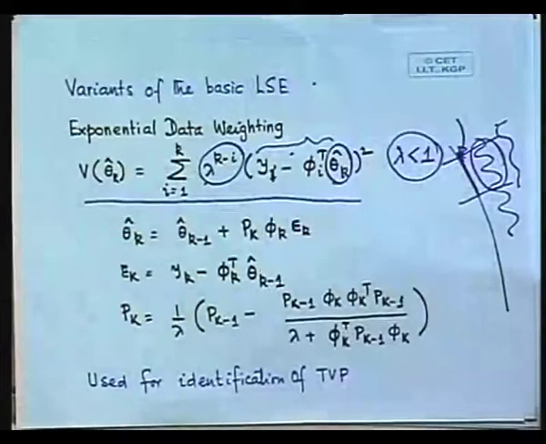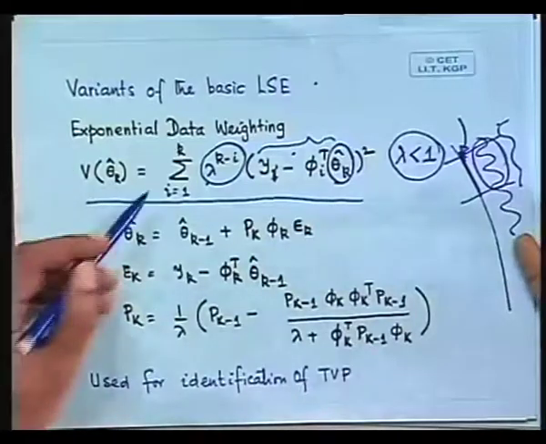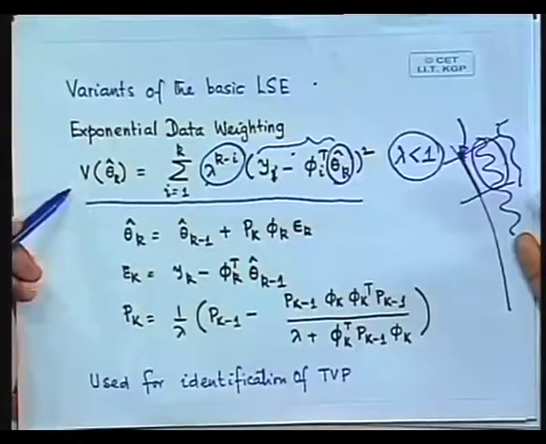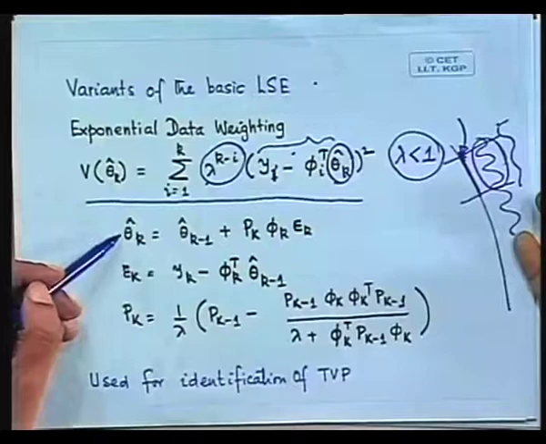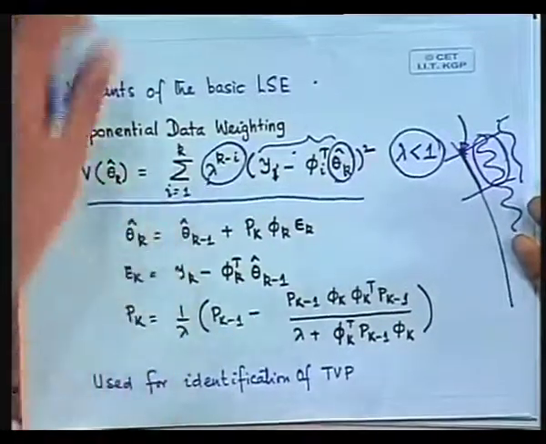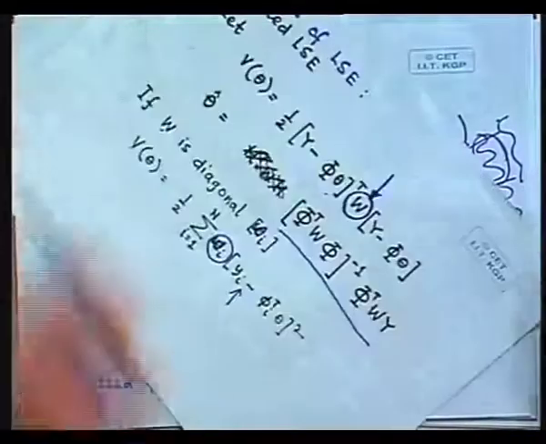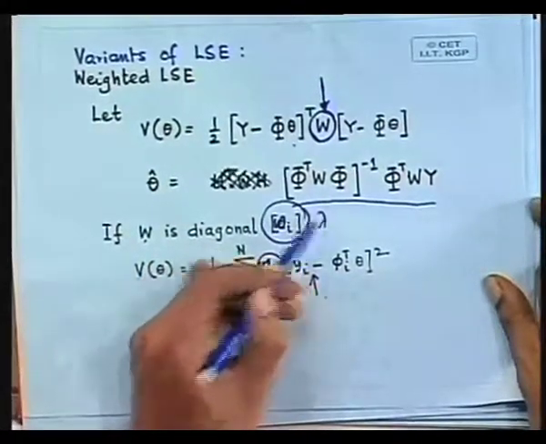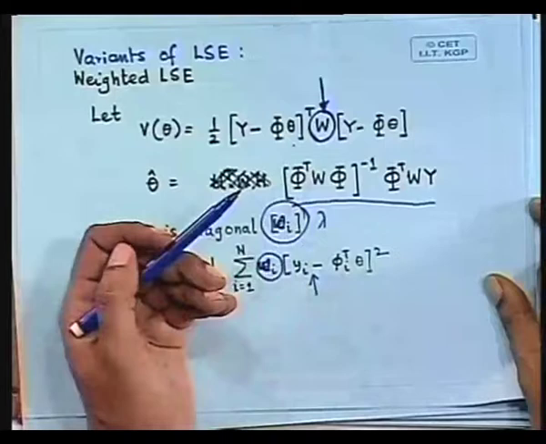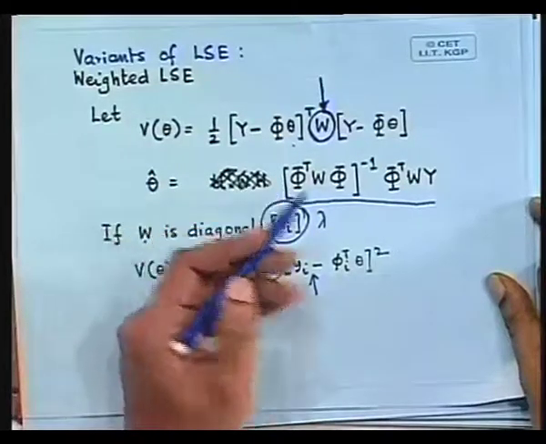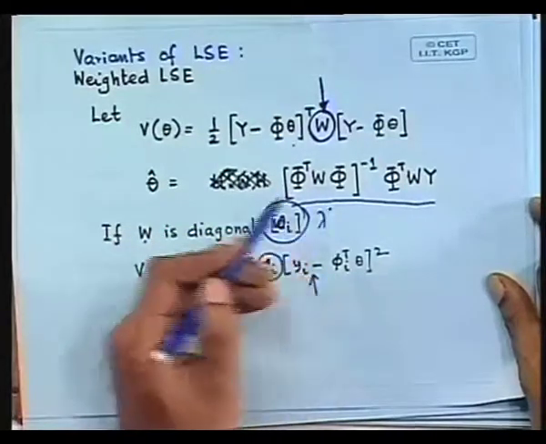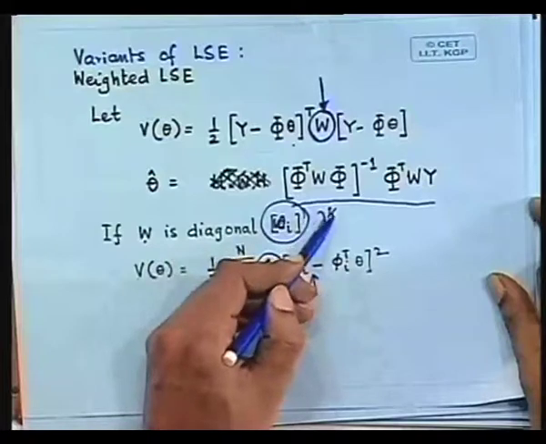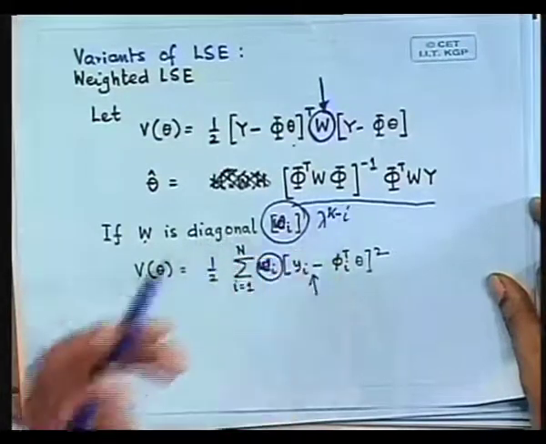So now if we formulate this, then it's again simple. You can just again differentiate and get the solution for this case. And similarly, this means that in our old version, Wi is equal to lambda to the power k minus i.